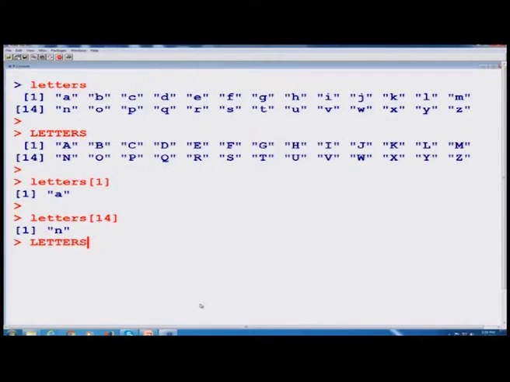And the same thing is possible when I try to do with the capital letters. The first capital letter or the first alphabet in the syntax LETTERS in uppercase, it is A. And similarly, if I want to know what is the 14th letter, then this is here N.